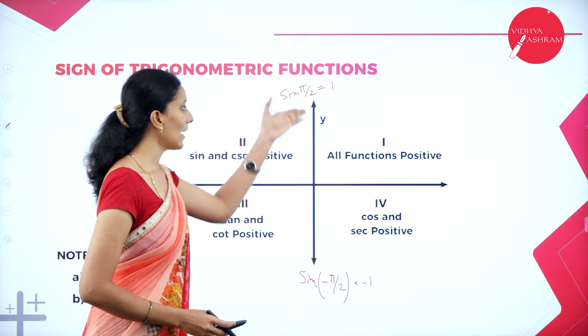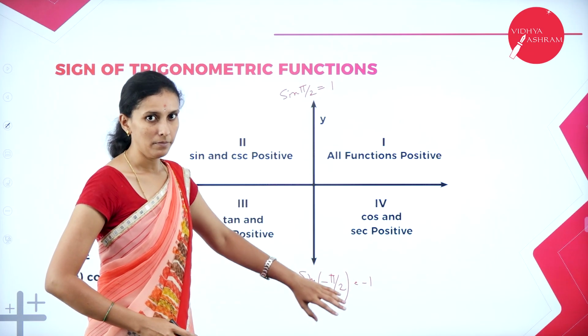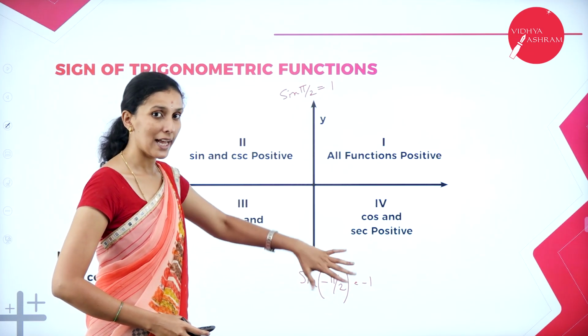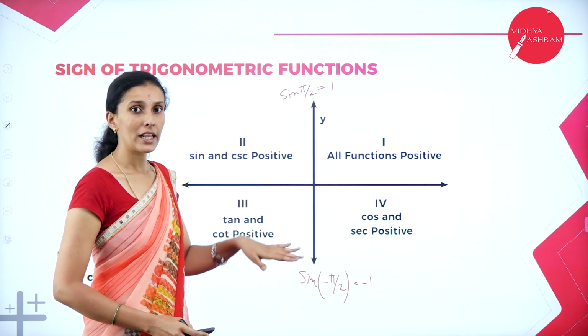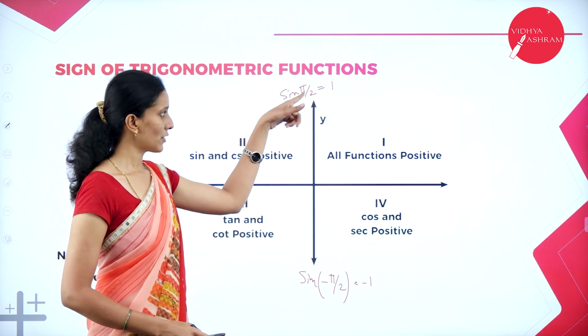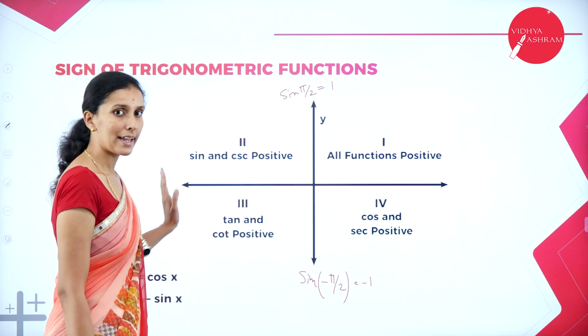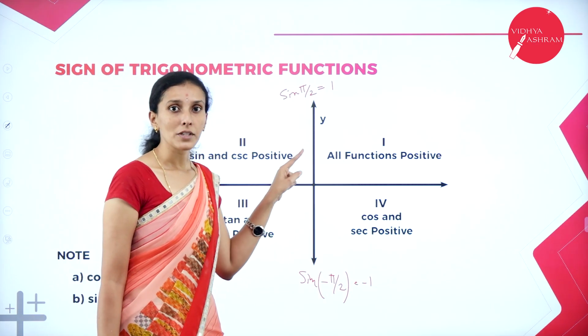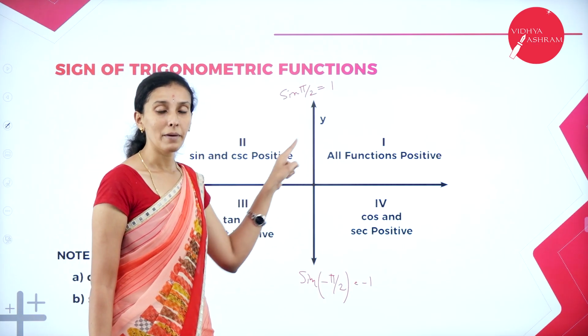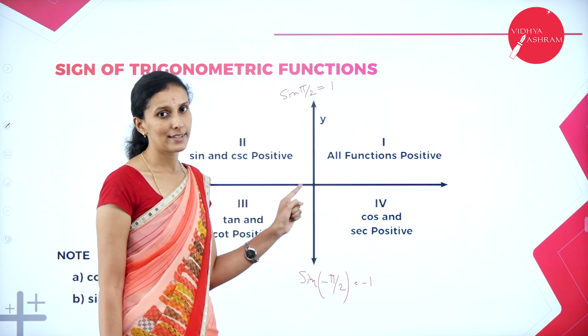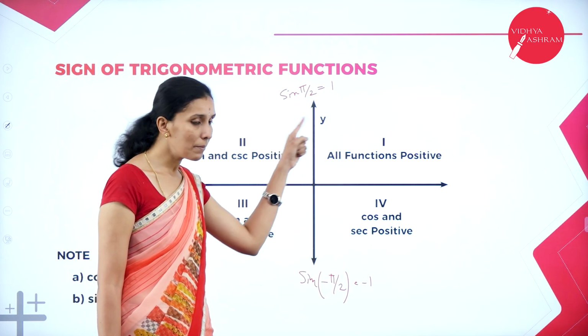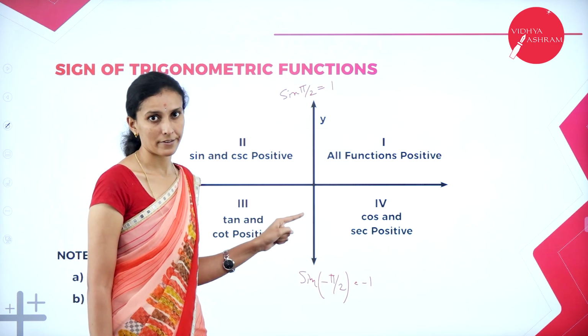Even though the angle is the same, the value varies. Why? Because they lie in different quadrants or different axes. This is the positive y-axis, negative y-axis, positive x-axis, negative x-axis. Positive indicates the angle is measured in the anti-clockwise direction. Negative indicates the angle is measured in the clockwise direction.